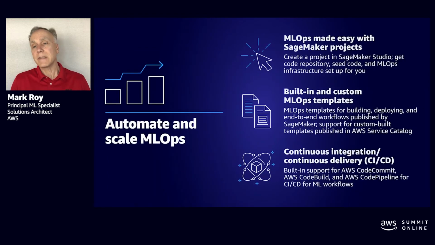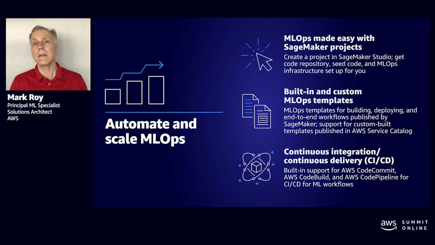For automation and scaling to many different models, a huge time saver here and an ability to make things consistent is this notion of built-in and custom MLOps templates. So these templates are used with MLOps projects in SageMaker, and so you can define how all of your CI/CD will take place, multiple stages, multiple environments.